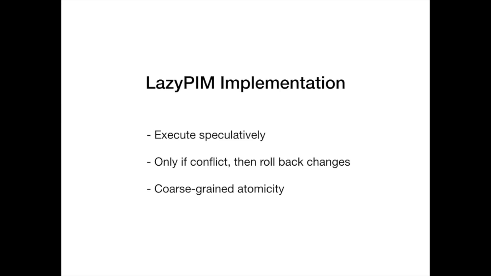At the end of the execution of a PIM kernel, it sends a list of memory addresses where it may have read from or written to. And then the memory manager in the main processor checks to see if there were any conflicts with those addresses. If there were conflicts, the changes are rolled back and the kernel executes all over again. But if there were no conflicts, then the changes become permanent and execution can continue as normal.